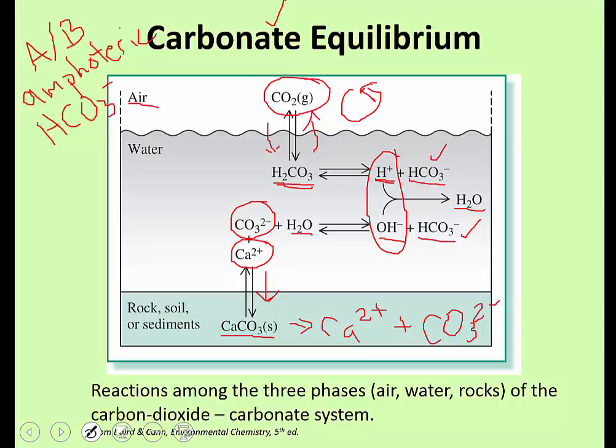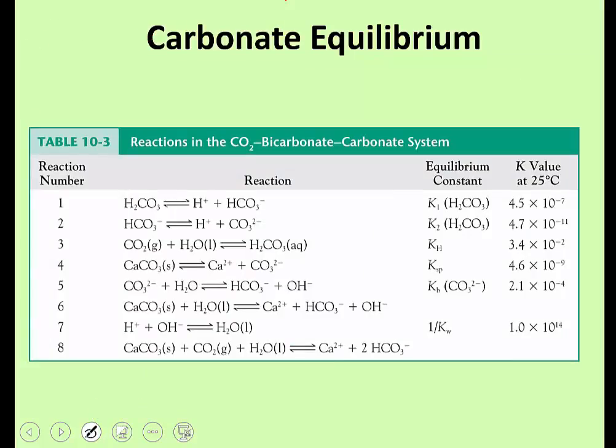Now, you've got all these equilibriums here, but you can also break that down into a series of reactions. So here's just a list of reactions within that equilibrium system. These are the reactions you're going to get for carbon dioxide, bicarbonate, and carbonate ions, including just the reaction that you saw with the H+ and the OH- to form water. If we look at those at any given point, and calcium's in here as well, so notice all your calcium species are in here.